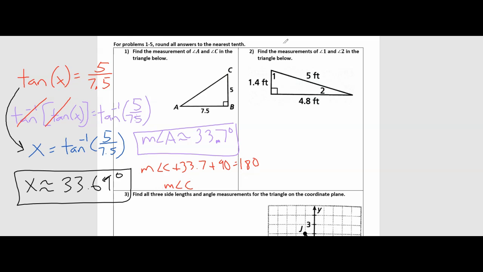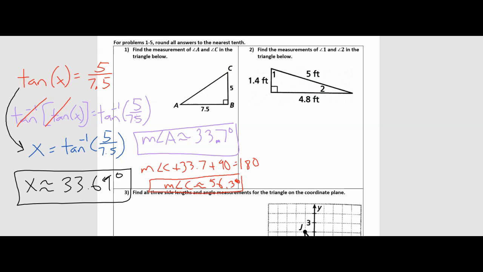If I do some simplifying, that means that measurement of angle C is equal to approximately 56.3 degrees. And again, that's because we're rounding to the nearest tenth, so it's approximately equal to.